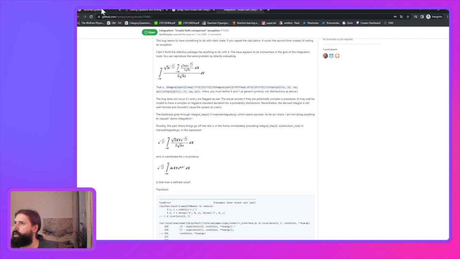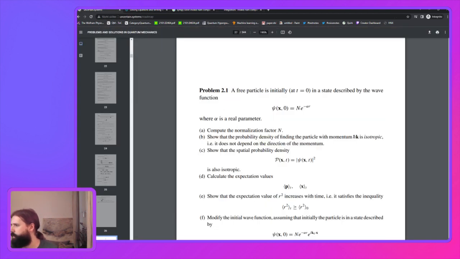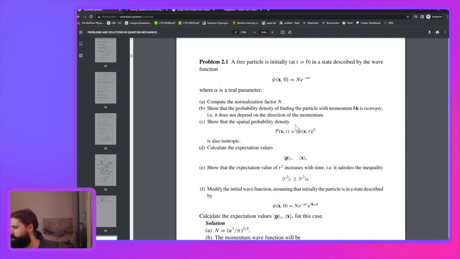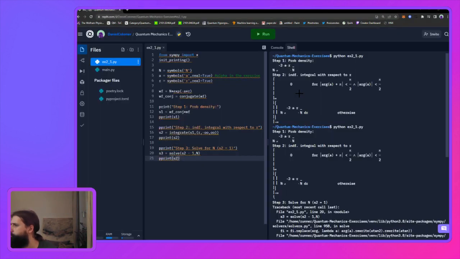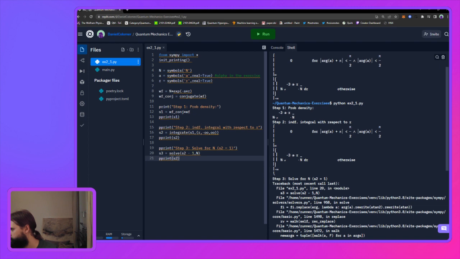Whereas, well, do we know, so alpha is a real parameter, or R is just complex conjugate for these.